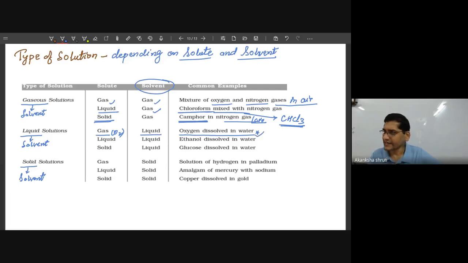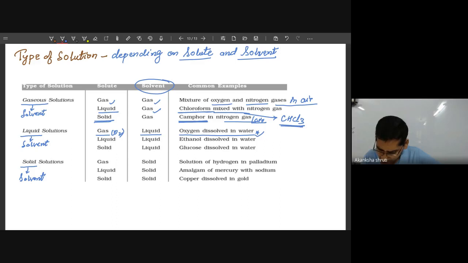Next, liquid in liquid, so many, like alcohol dissolved in water. Say one of the acids is added in water, say 10 ml is added in half a liter of water.